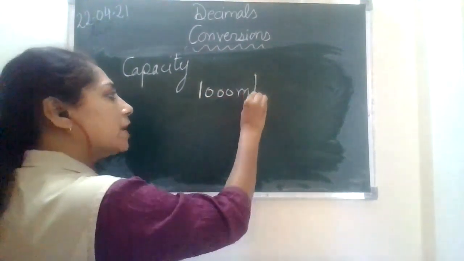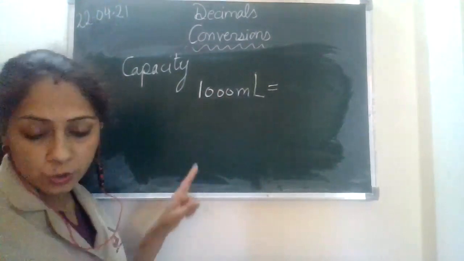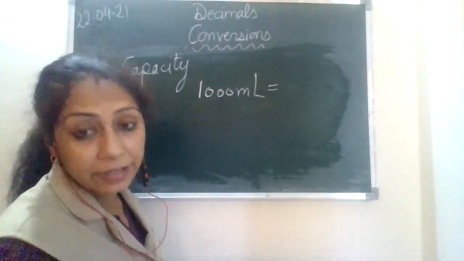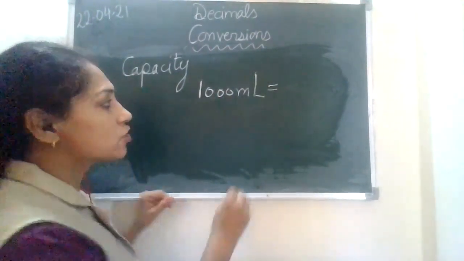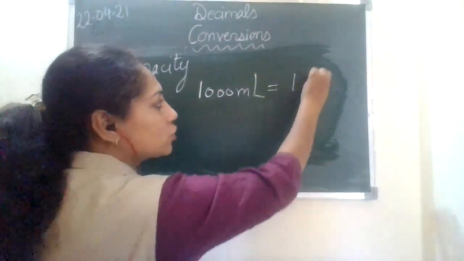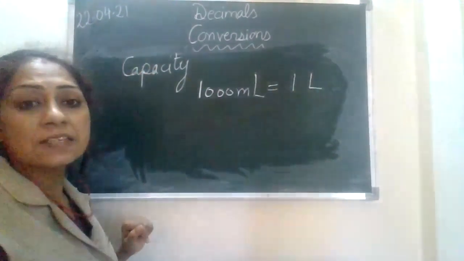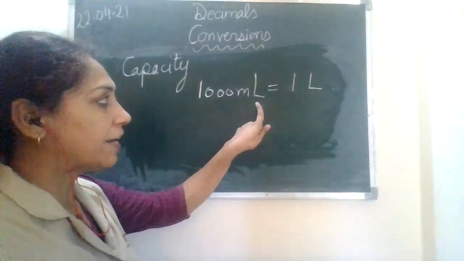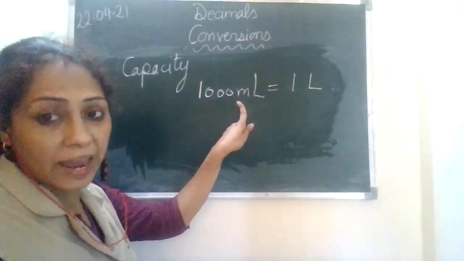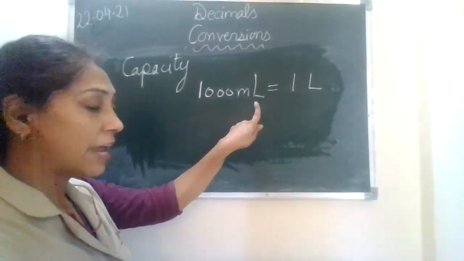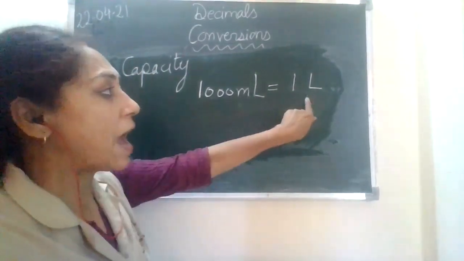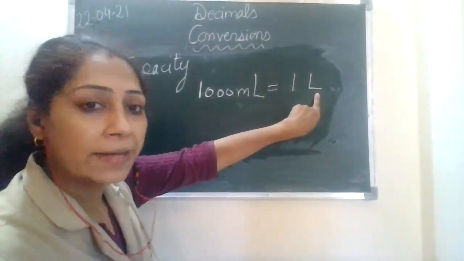Now watch carefully how you are going to write liters also: m small and capital L is equal to 1 liter. Please mind the way I'm writing liter and milli also. M small, capital L. Everybody, please focus and do it that way only. 1 liter.